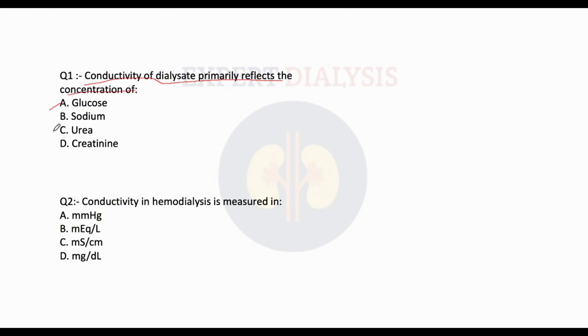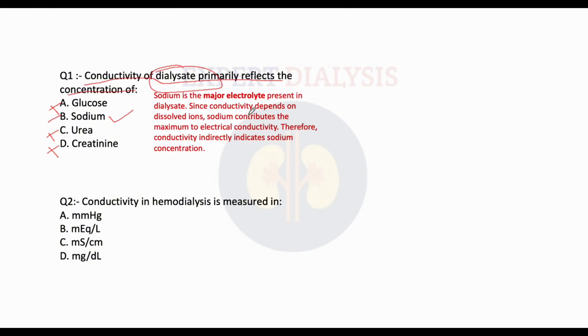Out of these four options we have to choose what influences the dialysate conductivity most. Option A is glucose, option B is sodium, option C is urea, option D is creatinine. Like in the previous video we discussed, we know sodium concentration primarily reflects conductivity.